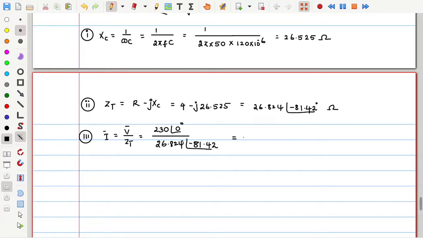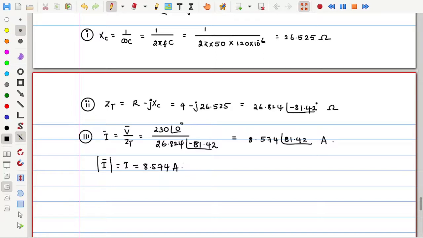How much is this value? So 230 divided by the answer which I already calculated is 8.574 at an angle of 81.42 ampere. So if you need the current magnitude, the mod of this I bar, which is equal to I, is 8.574 ampere.